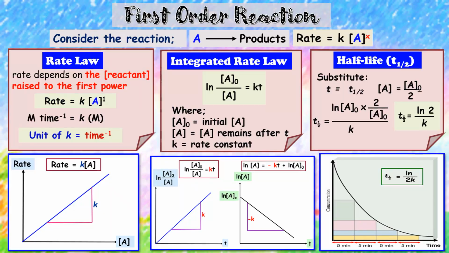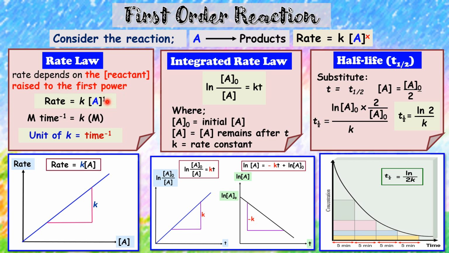Okay, so for first order reaction, consider the following reaction. We have A as the reactant producing product. Rate is equal to K, concentration of A to the power of x. So for the rate law, rate depends on the concentration of the reactant raised to some power. Some power here is equal to the first power, so rate is equal to K, concentration A power of 1.